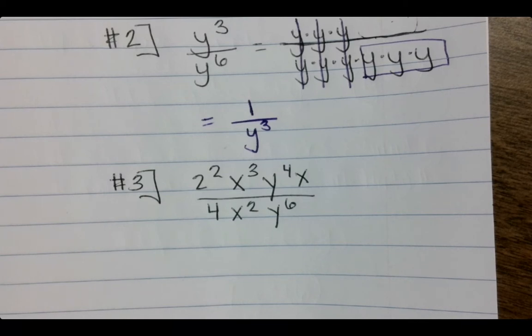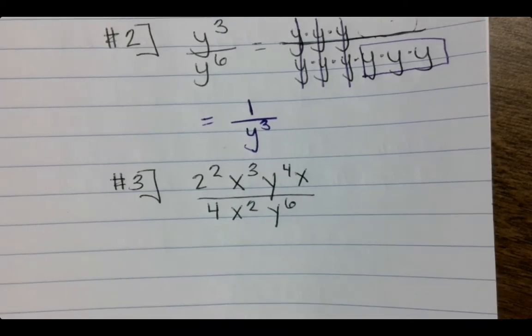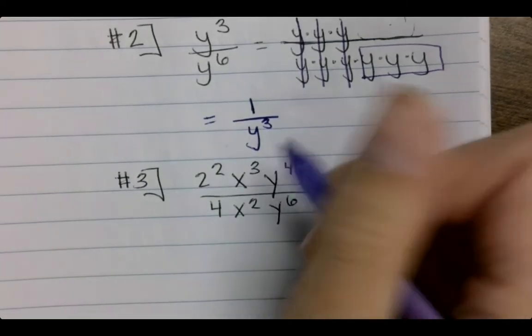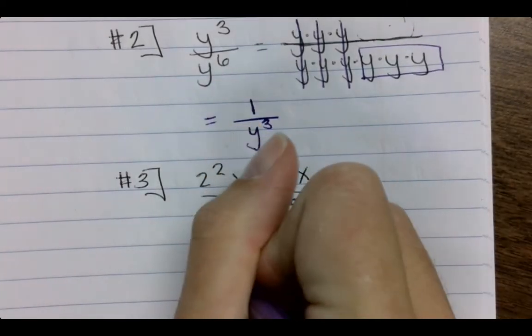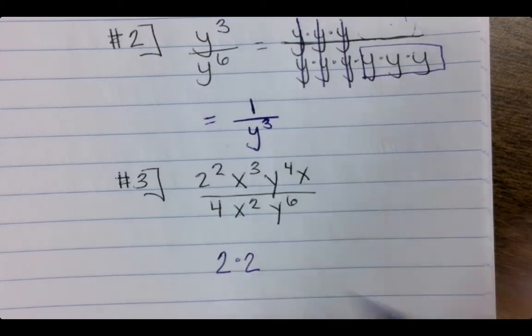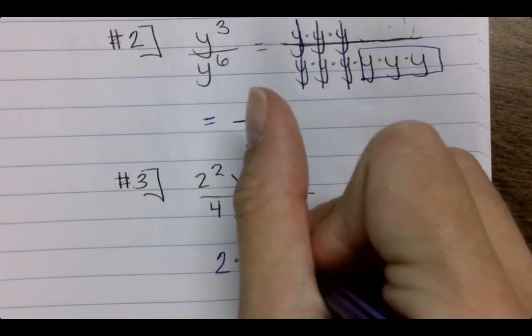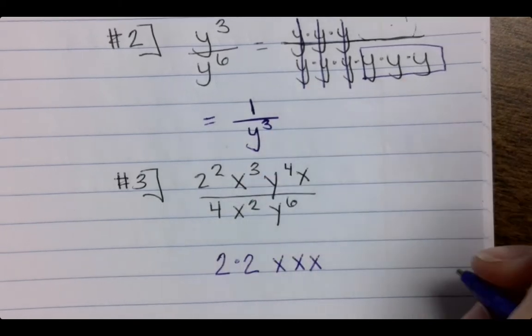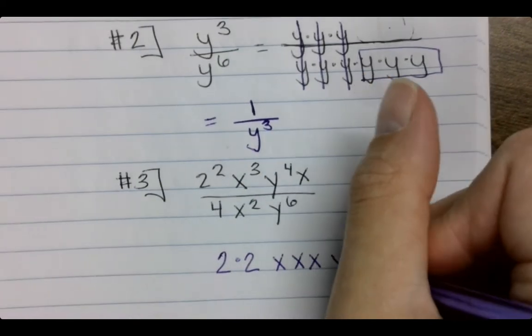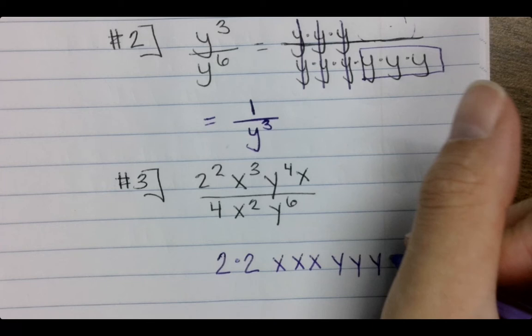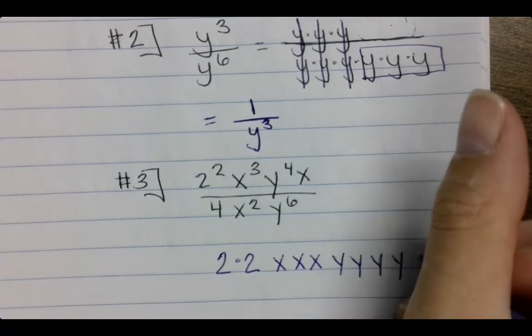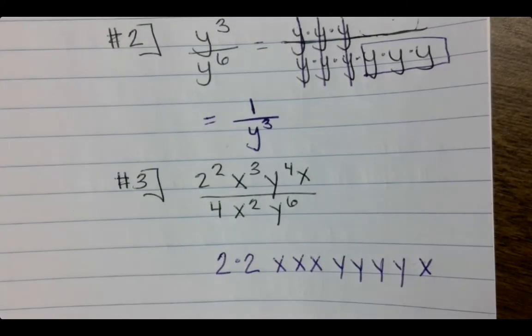All right. This has got a lot going on, right? So let's start with 2 2's. Then we have 1, 2, 3 x's. 1, 2, 3, 4 y's, and another x.